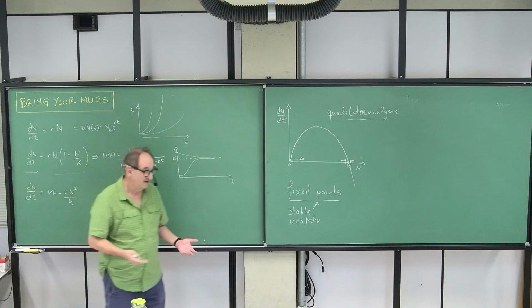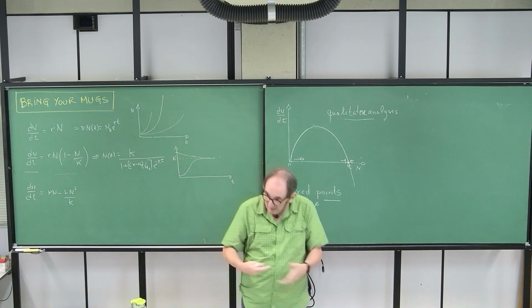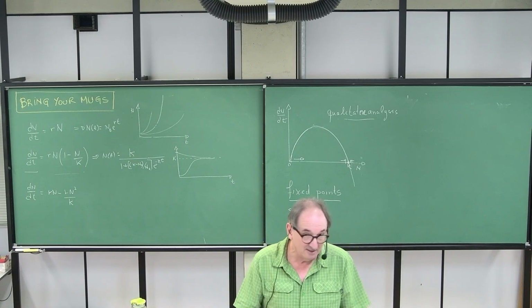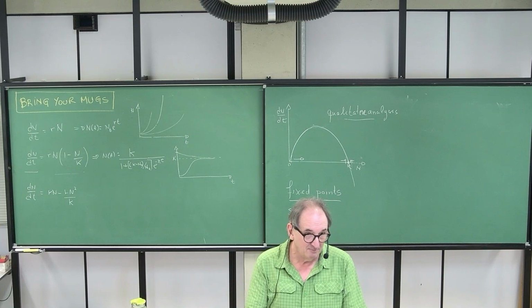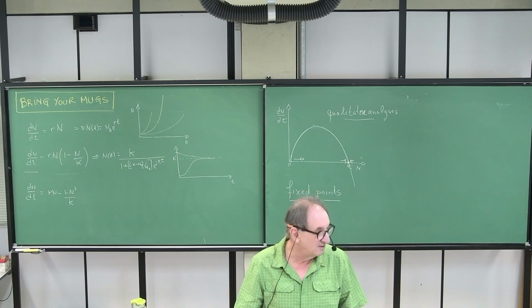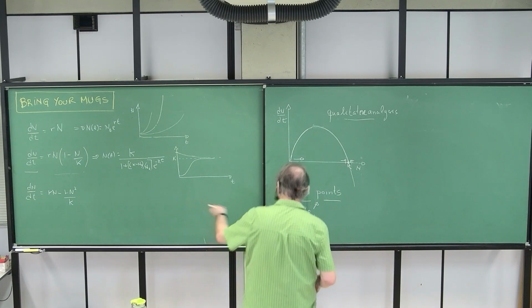Think about an invading species: it will go there and invade, but then it will saturate and go to some constant value, which is implied by the logistic equation.